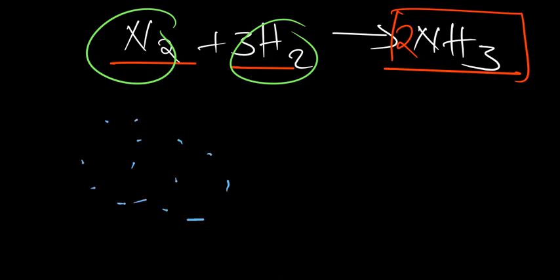The reaction can't happen without these particles of the two reactants being in contact. Not only should they be in contact, they should collide. Not only should they collide, they must collide with sufficient energy. That's the principle of collision theory.